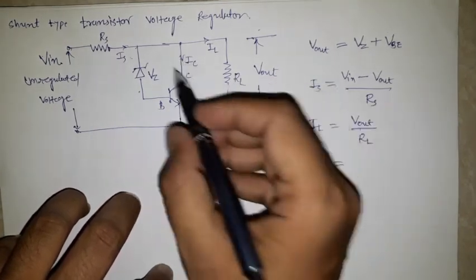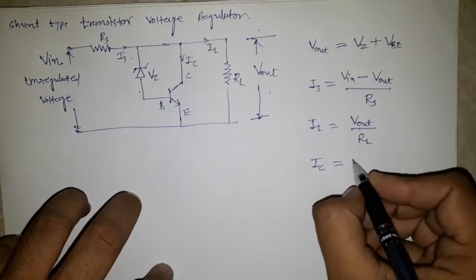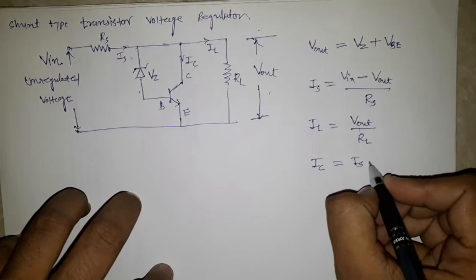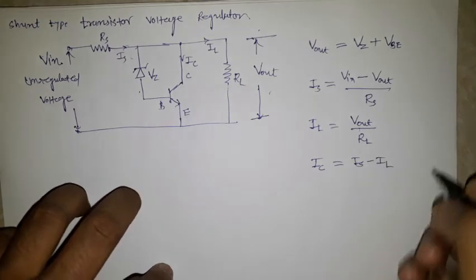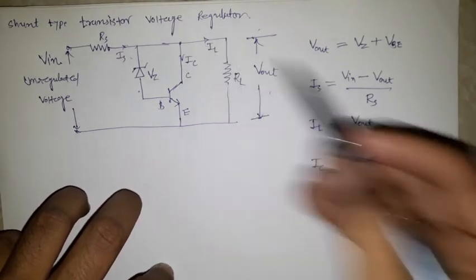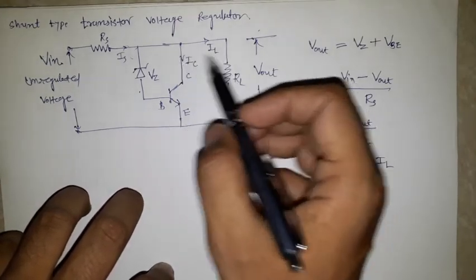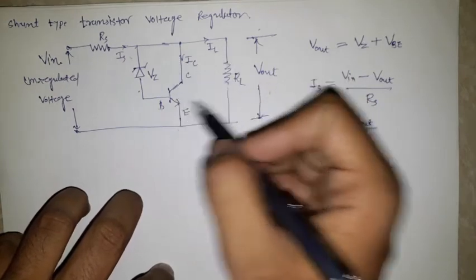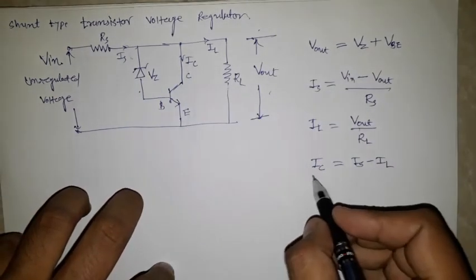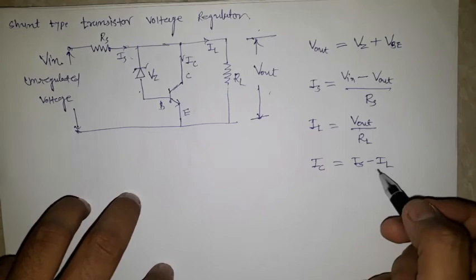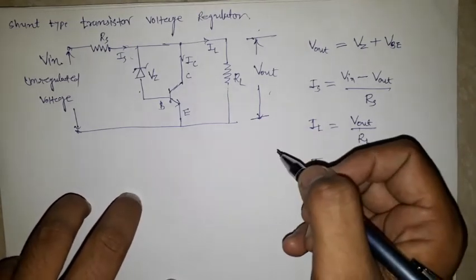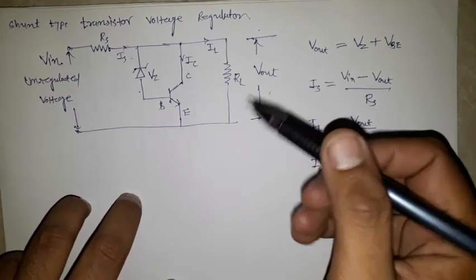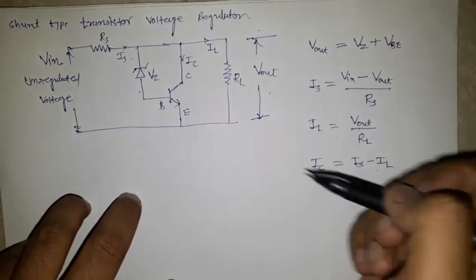So we can write IC is equal to IS minus IL, because IC and IL are away from this node, and only IS is the incoming current, and IC and IL are outgoing currents. So IC is equal to IS minus IL. These are the formulas for this shunt type transistor voltage regulator.